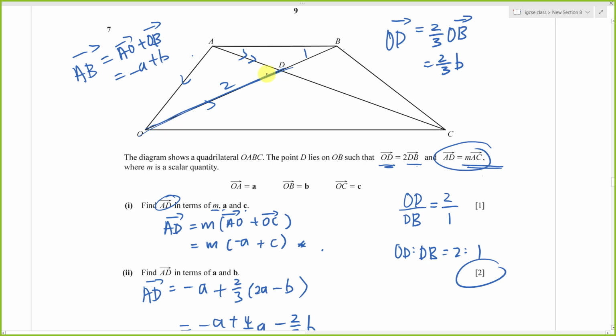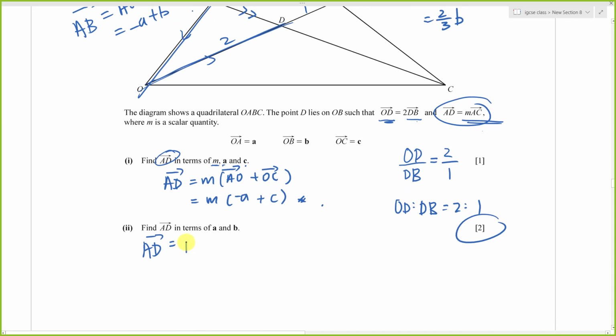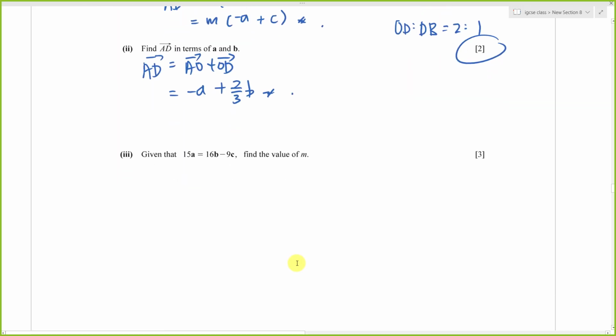Then I can find that AD will be negative A plus this one. So yeah, no wonder this one is just 2 mark. I'm wondering how come the 2 mark actually do so much. Yeah, this one will be AO plus OD. AO will be negative A. This one will be plus 2 over 3B. Yeah, this is the answer for part 2.